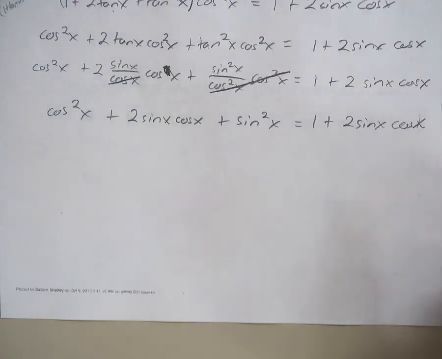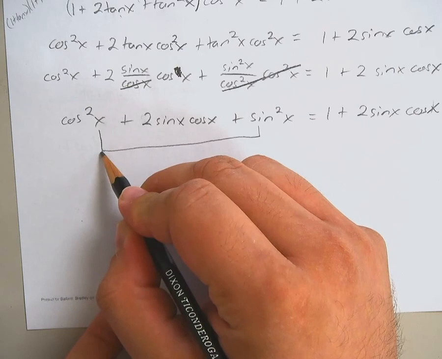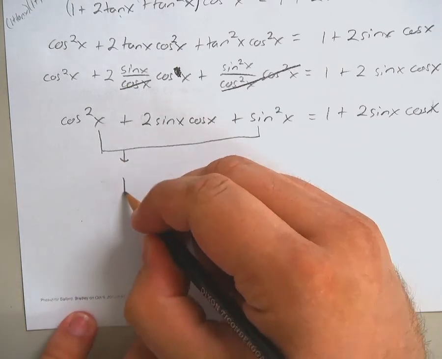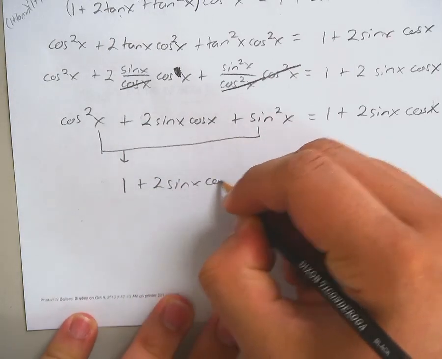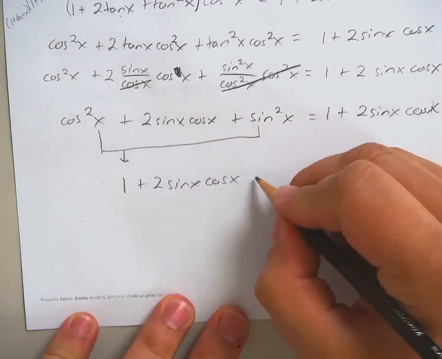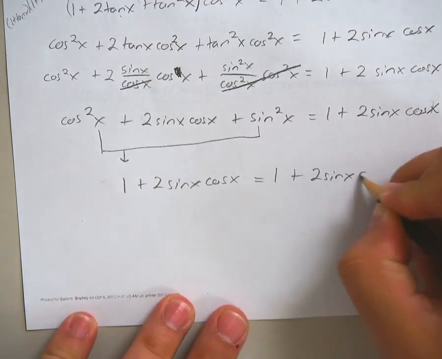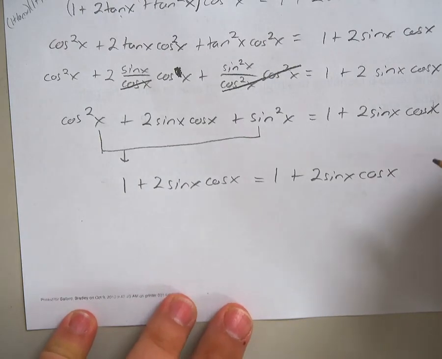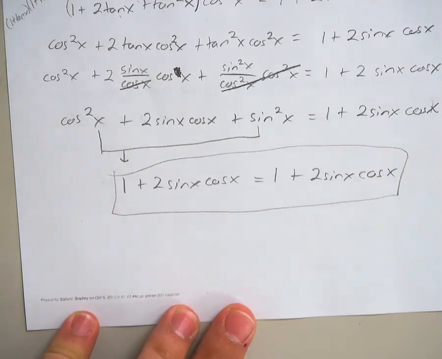What? You're telling me these dudes right here come out to give you 1 plus 2 sine x cosine x equals 1 plus 2 sine x cosine x? Proved.